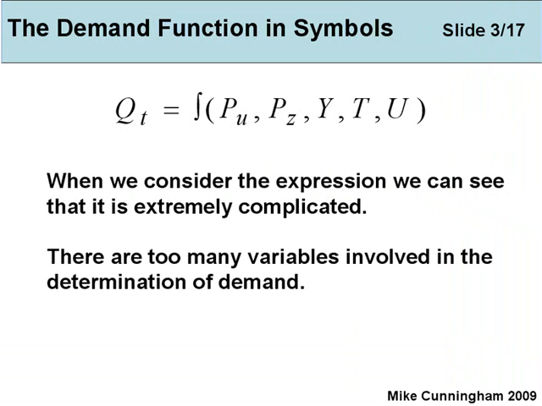However, there are too many variables there, too many expressions inside the brackets. It's difficult to say the quantity demanded per unit of time depends on all of these. Which one is it dependent upon really? Which is the big influence and which is the small influence? And it's difficult.